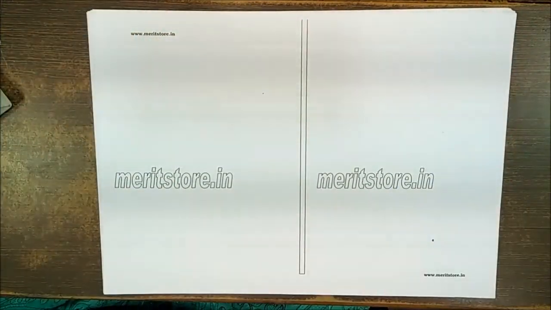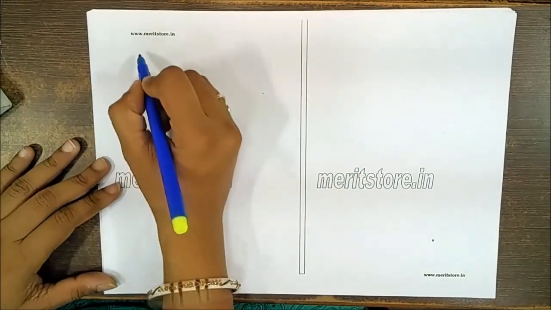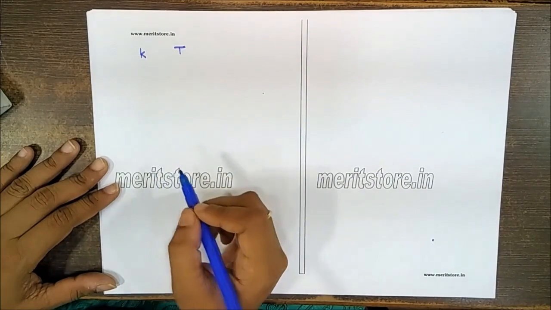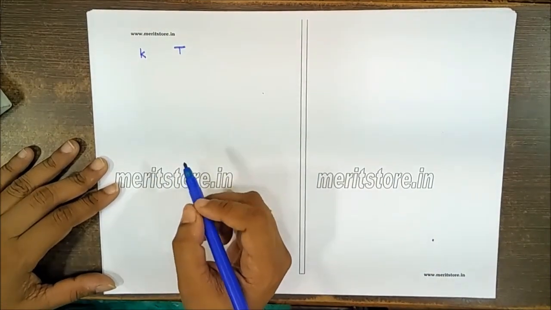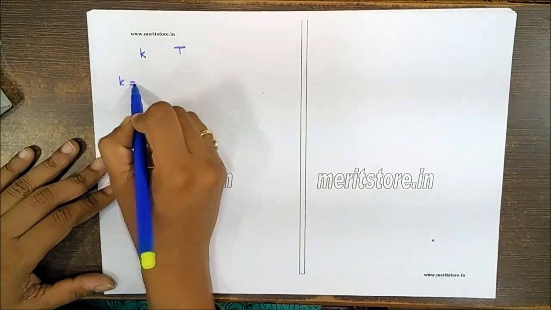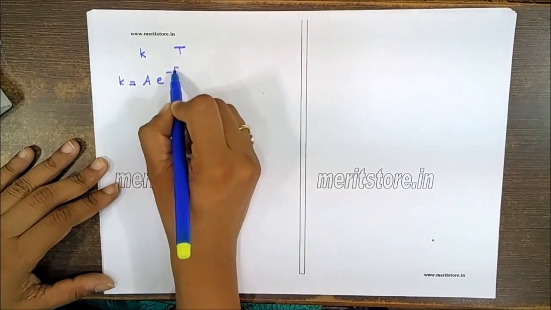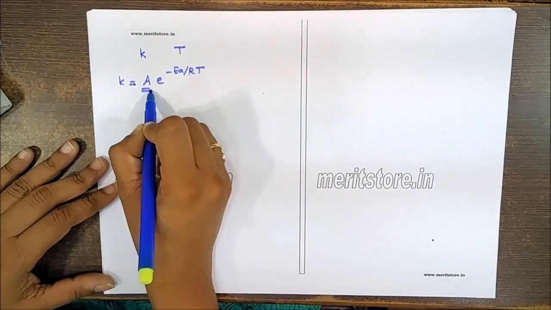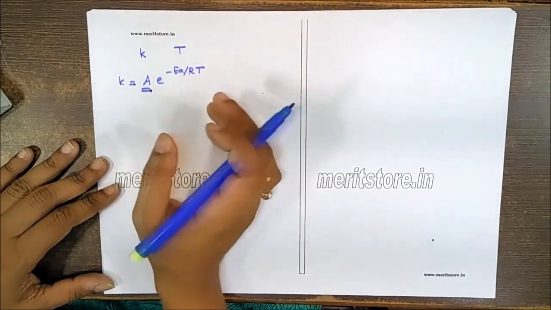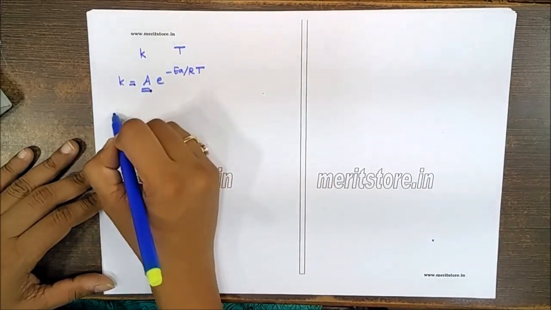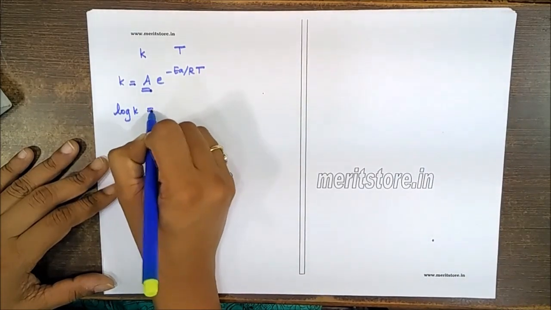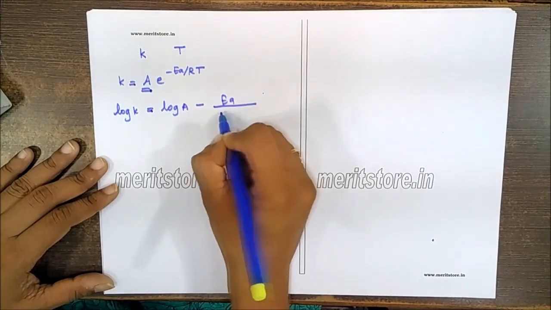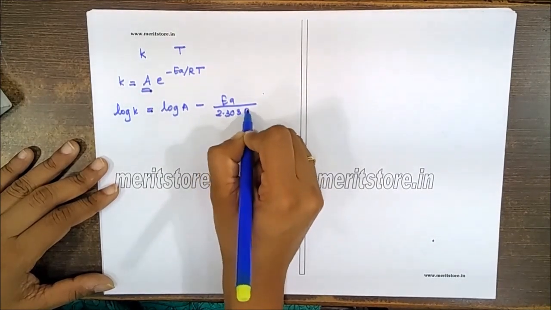Now, temperature dependency of the rate constant, that is, in short, we are talking about the relation between K and T. This is given by the Arrhenius equation, which says that K = A e raised to minus EA upon RT, where A is the Arrhenius constant. If you take the log on both sides, you will get the equation log of K = log of A minus EA upon 2.303 RT.